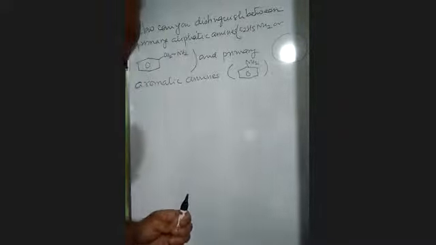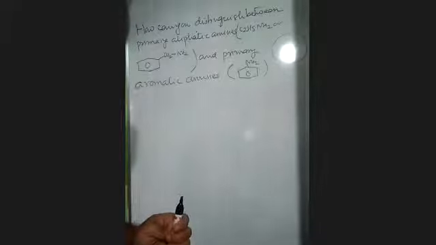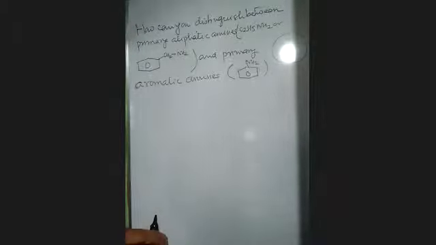Okay. For aliphatic amines, the nitrogen group is bonded to an alkyl group. But for the aromatic amine, it is bonded to an aryl group. No, Drishti. Whenever distinction is there, you have to do some chemical test. So in a chemical test, how can you observe?